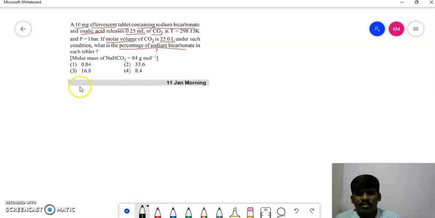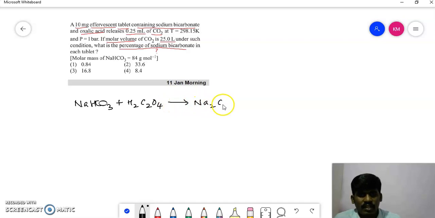First of all, sodium bicarbonate is reacting with oxalic acid. First write down the reaction. Sodium bicarbonate, NaHCO3, plus oxalic acid, H2C2O4. Oxalic acid is the acid, sodium bicarbonate is the base. It is a neutralization reaction which gives you Na2C2O4, sodium oxalate, plus 2CO2 plus 2H2O.